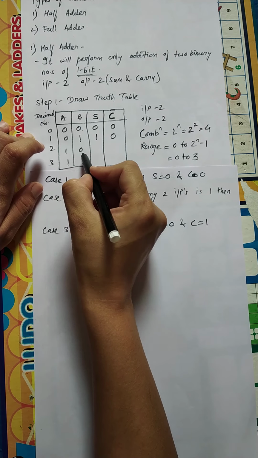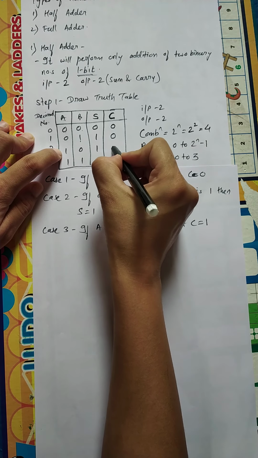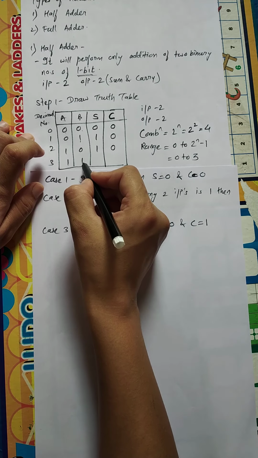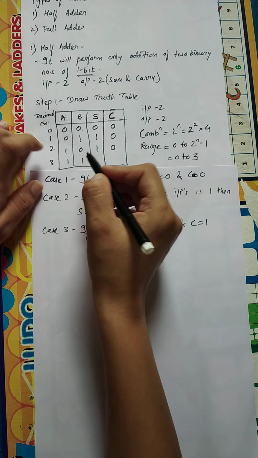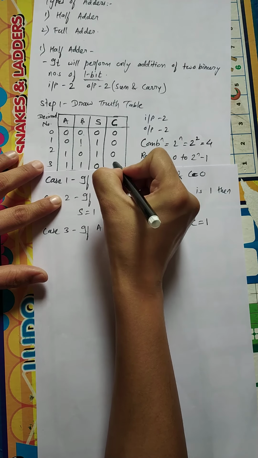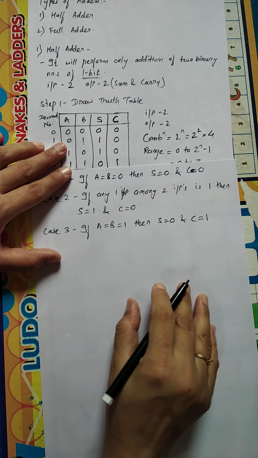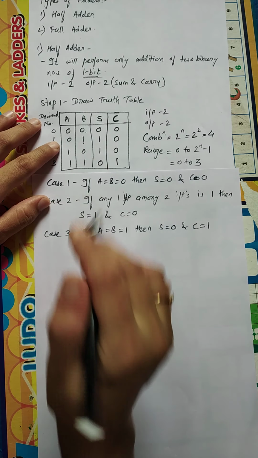Again here among these two inputs one input is 1, so case 2 is applied, so sum will be 1 and carry will be 0, right? Now case 3, in case 3 both the inputs are 1, so we have to apply case 3, so sum will be 0 and carry will be 1, right? So this is what your truth table is.